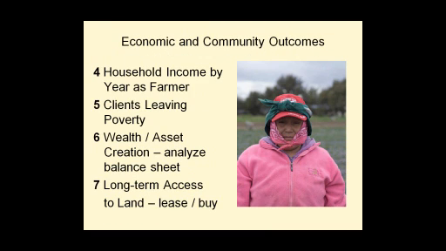We're asking the farmers in this confidential survey for their household income, and we're able to measure that by year as farmer. We're looking at the clients that are leaving poverty. We're analyzing the balance sheet to ultimately measure wealth and asset creation, and of course looking at long-term access to land and leases or purchases that result from our work.